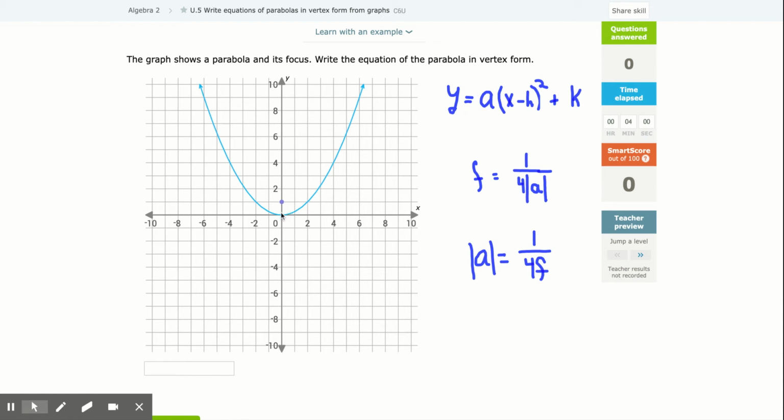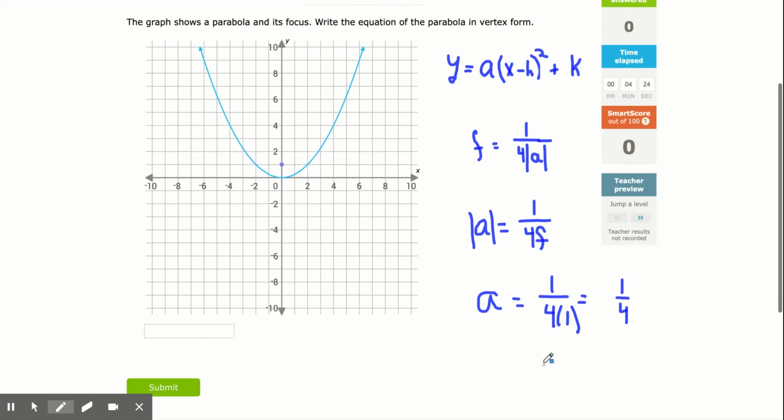So what's the focal length here? The focal length here is 1. So a, the value that we're going to put in the equation, is going to be equal to 1 over 4 times the focal length of 1, which obviously just means a is 1/4.